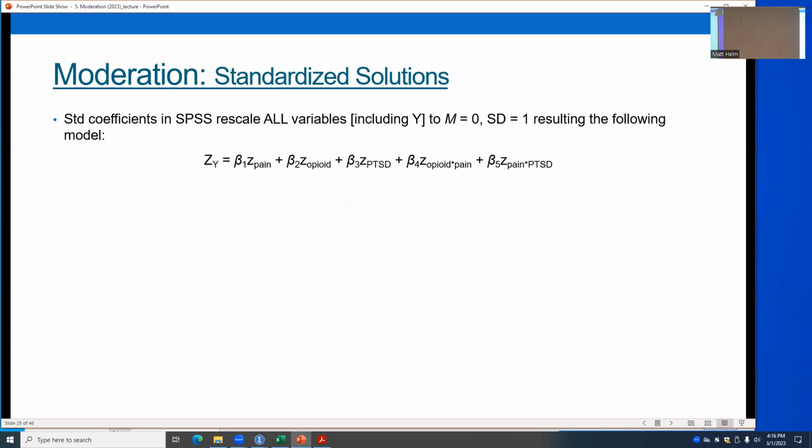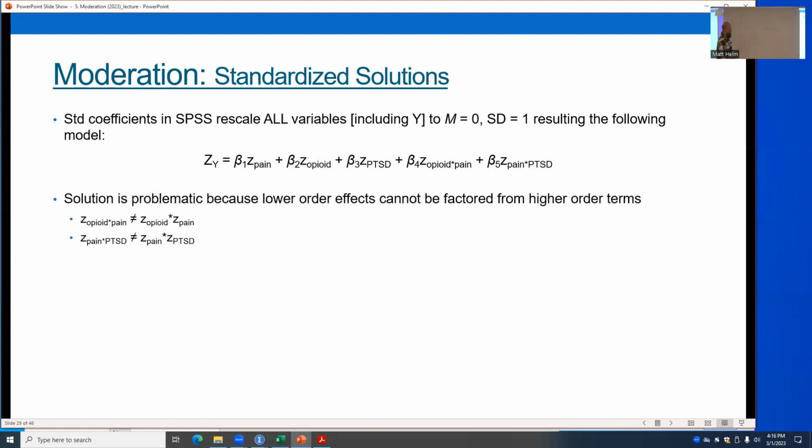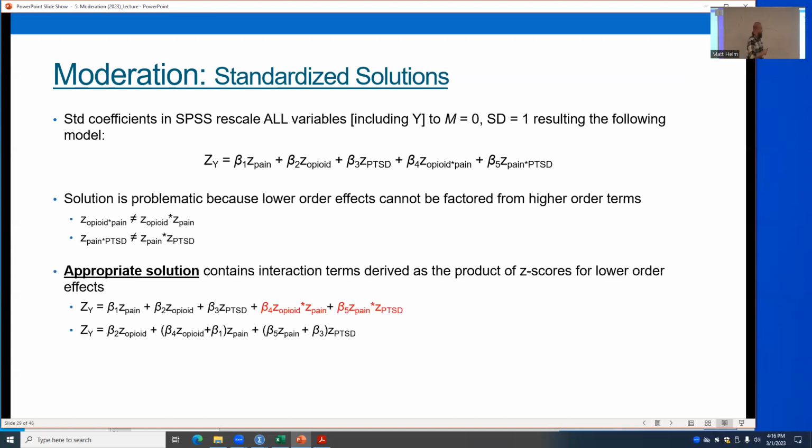Awesome. Okay, so let's talk about standardized solutions here. Remember that for the base model you just ran, the standardized regression coefficients are fine until you get to the coefficients for your interaction terms. Those aren't fine, because what those are is the z-score of your interaction, as opposed to the product of the z-score of x and z-score of y.